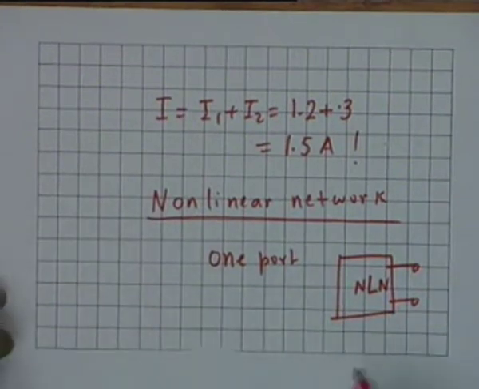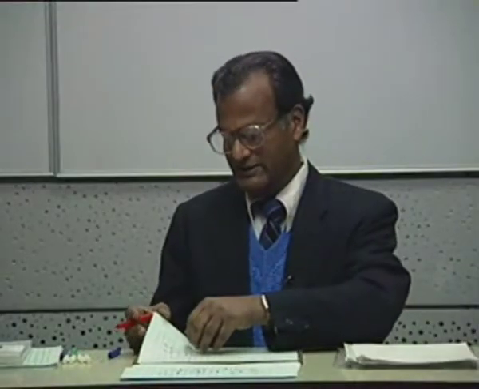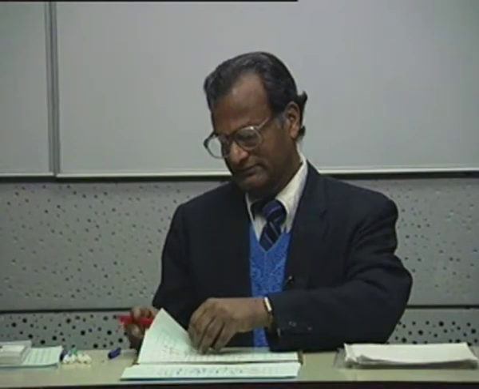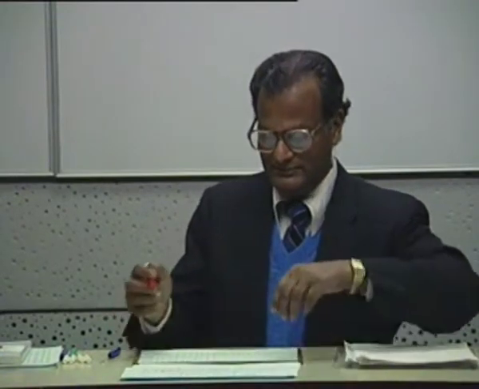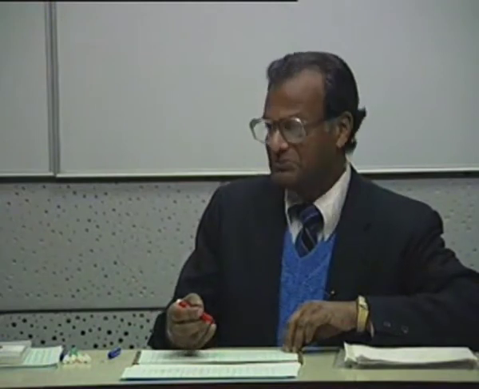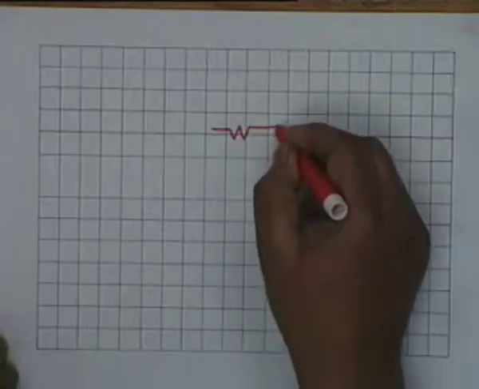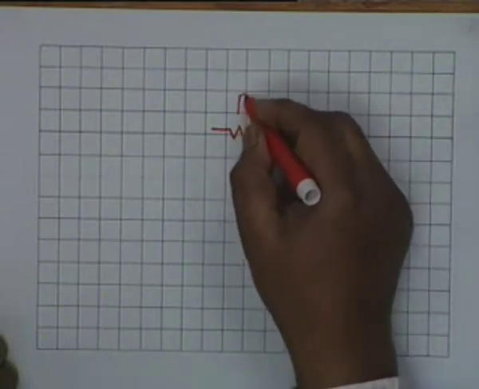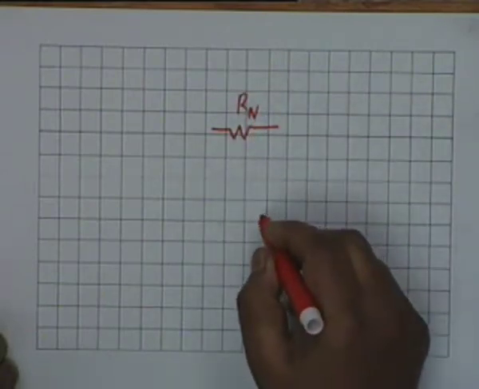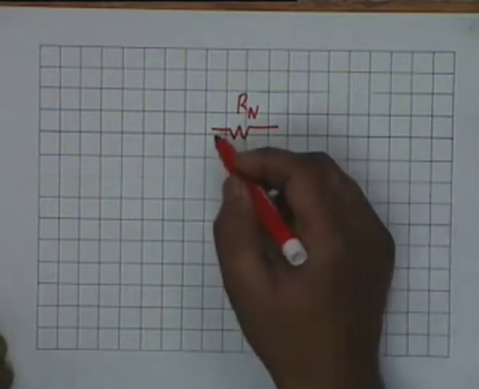All right. Let's consider first a nonlinear resistor. There is no special symbol for a nonlinear resistor, so we will simply say Rn, all right, to indicate that it is a nonlinear resistor.